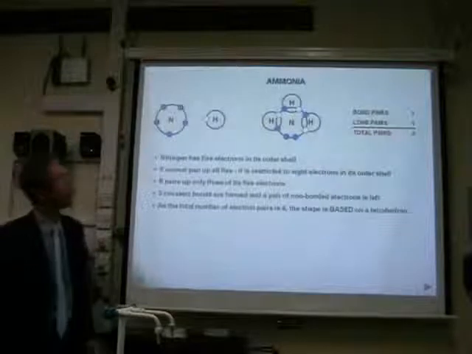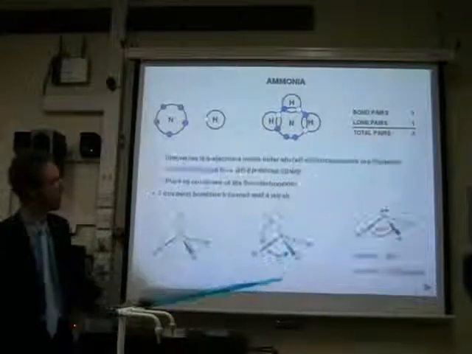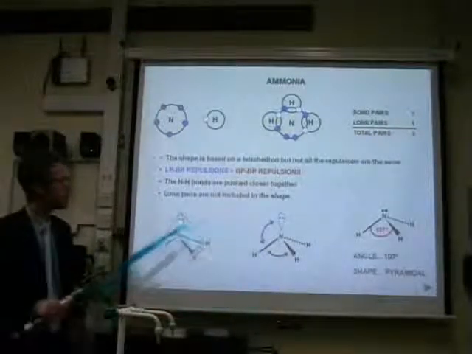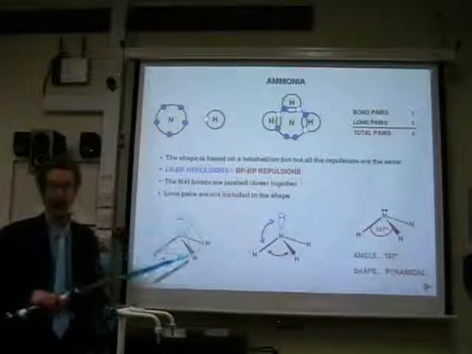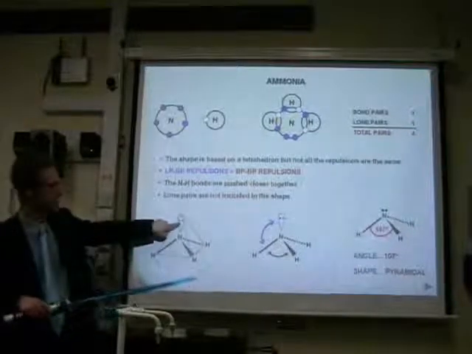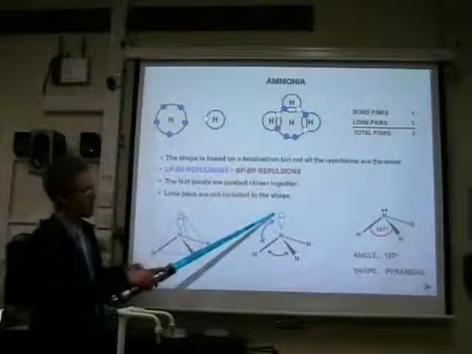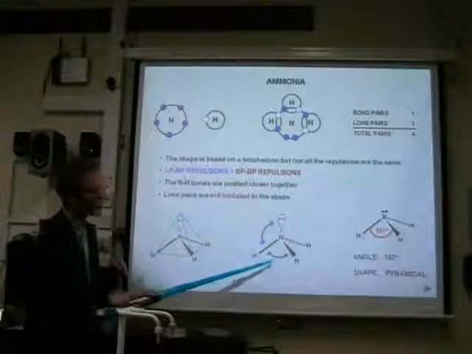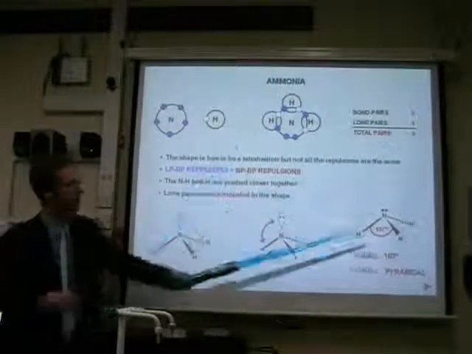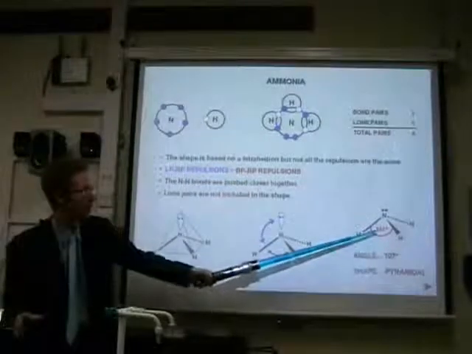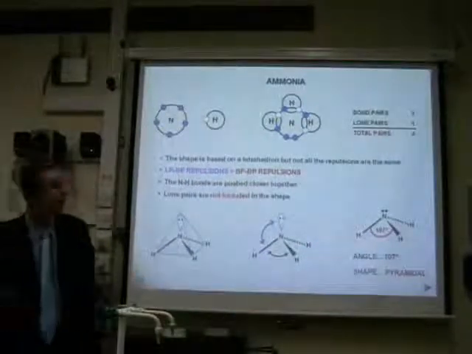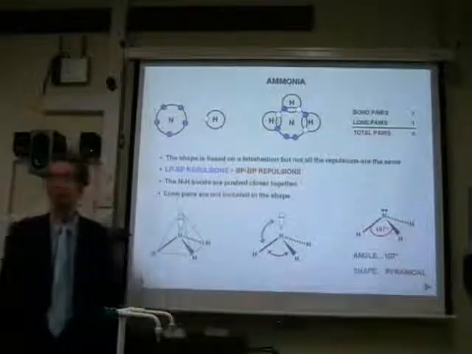If we have ammonia, it's got 3 bond pairs, 1 lone pair. Now, it should be tetrahedral, and it is, except that that's a lone pair, so that repels more than those 2 do, which means it pushes them further away, which means it pushes them closer together, which means it's 107, and that shape is now called pyramidal.